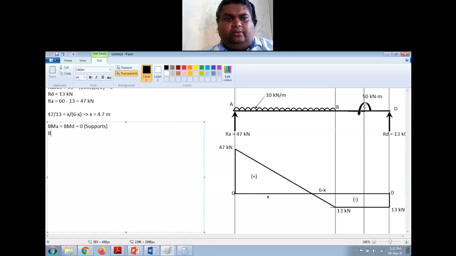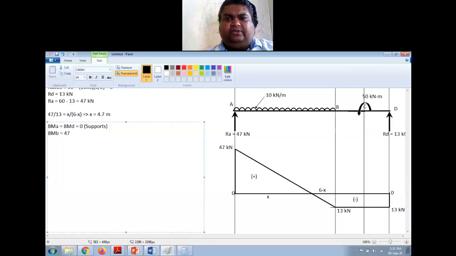So BM at B is equal to, now this is upward force, it is making clockwise moment on the left side, so it will be positive.